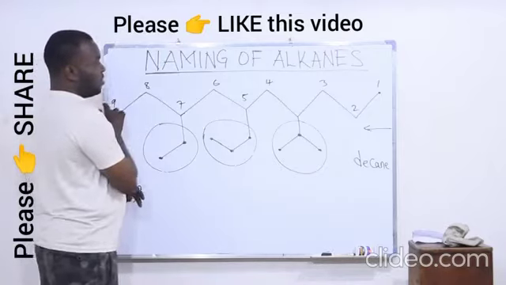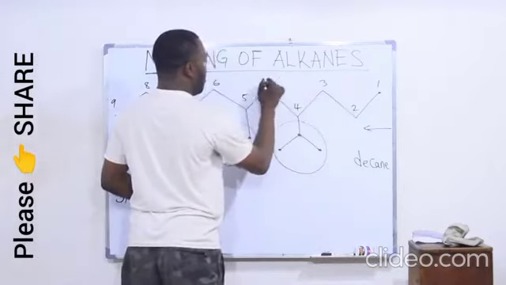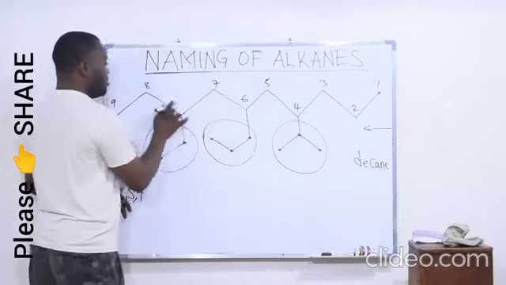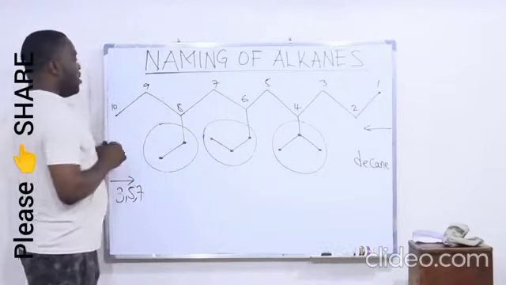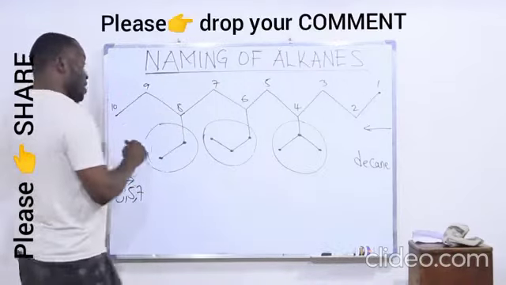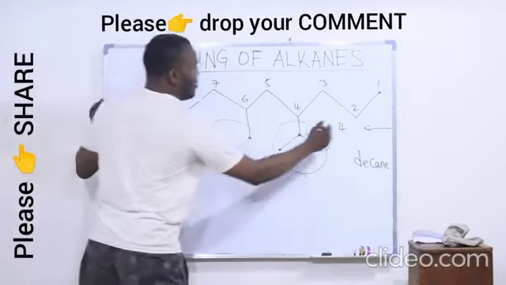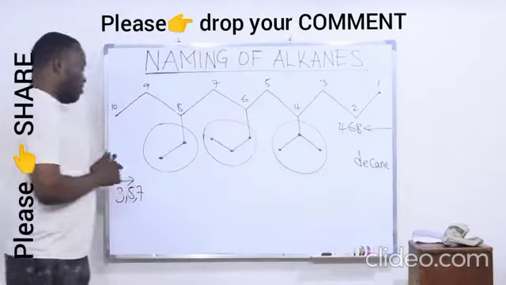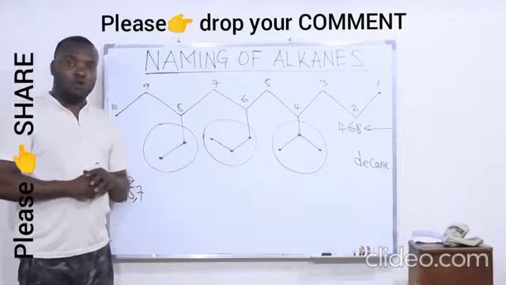I think I skipped something. 1, 2, 3, 4, 5, 6, 7, 8, 9, 10. Now if I number from right to left, my attachments will be at position 4, 6, and 8. 468. And the rule says, follow the direction that will give the attachments a lower number.